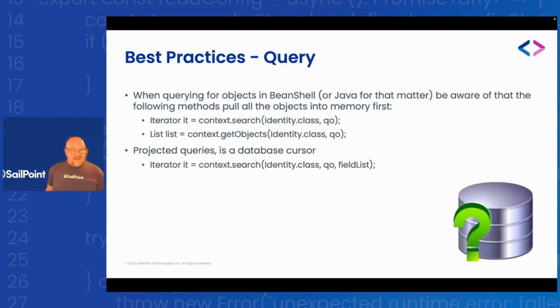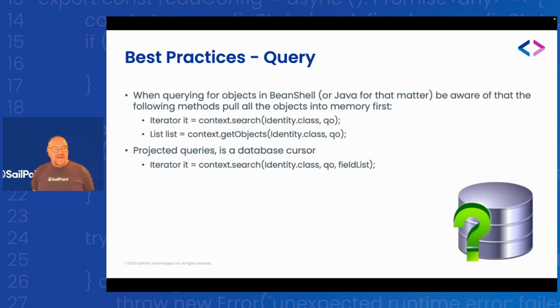So when you're querying objects, there are several different ways of pulling objects back down from IdentityIQ. One, you can end up using database cursors, or you end up getting objects directly.